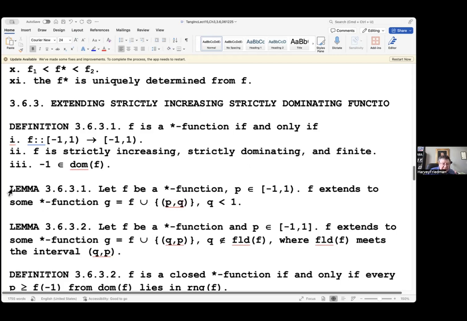All right, so we need an extension theorem. We actually need two of them. This is one of them. We need an extension theorem that if you have a star function F and a number P below 1, then F extends to some star function G equals F union singleton PQ, Q less than 1.